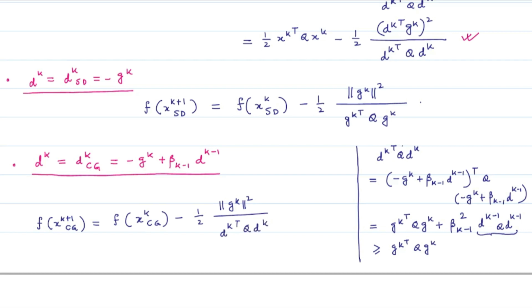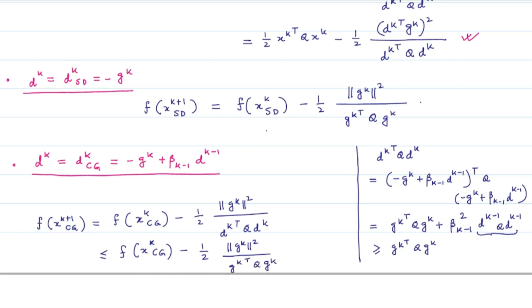Now as this d_k transpose Q d_k is bigger than or equal to g_k transpose Q g_k, you will have here that this is less than or equal to f(x_k) for CG minus half of norm g_k square divided by g_k transpose Q g_k.